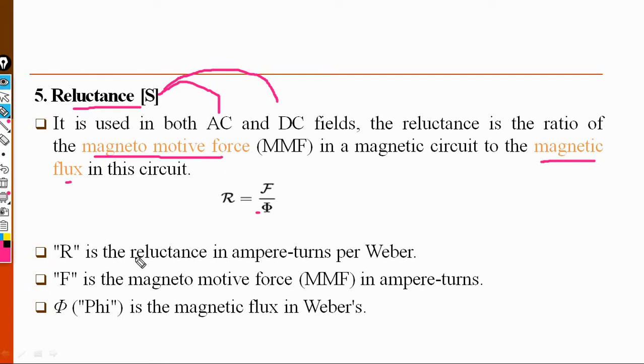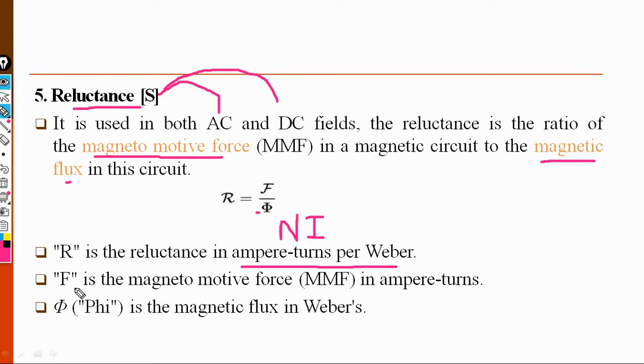The unit of reluctance is ampere turns per Weber. F means magnetomotive force, whose unit is N into I, that is ampere turns. Ampere is the unit of current, and N means number of turns, which has no unit. The flux unit is Weber.